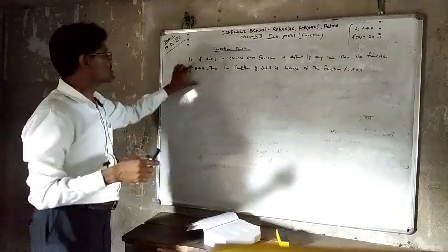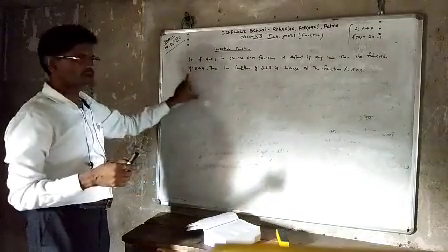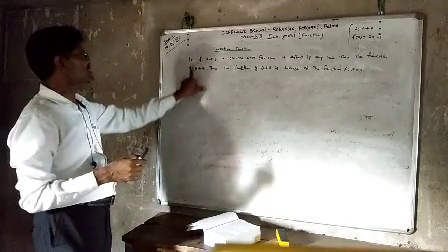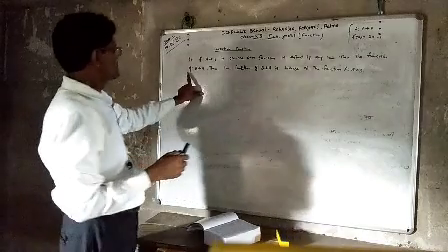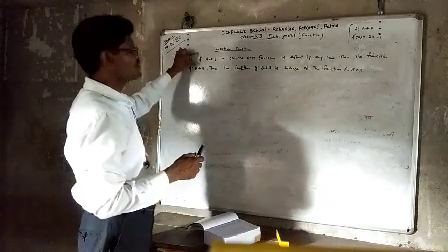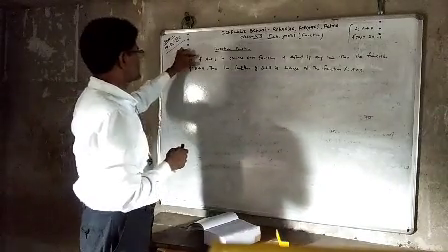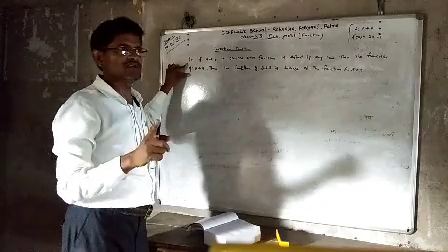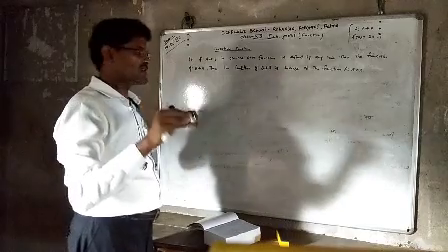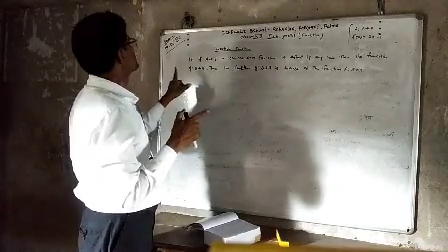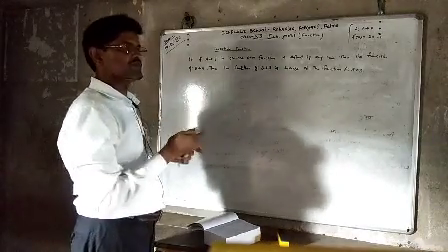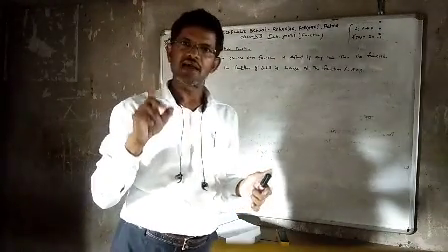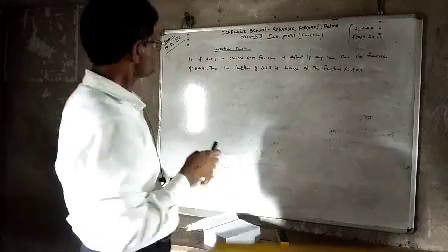Similarly, if f and g are inverse functions, that is, if the inverse of function f is function g and g is the inverse of function f, then the composition of f and g will be the identity function. So if two functions are inverse to each other, then their composition will be an identity function.